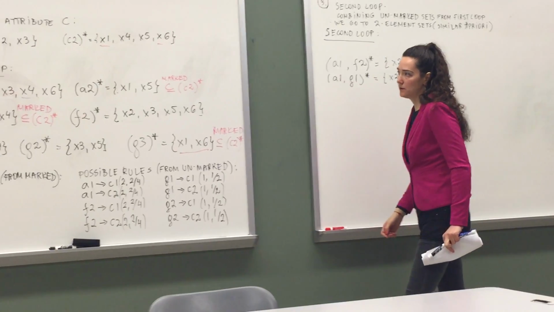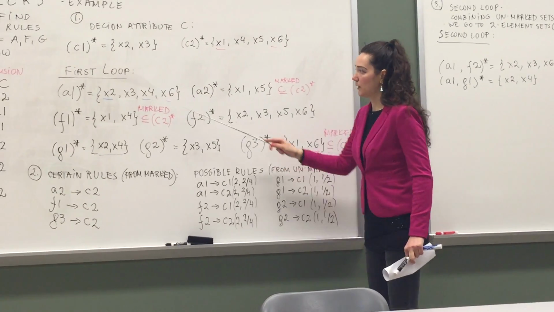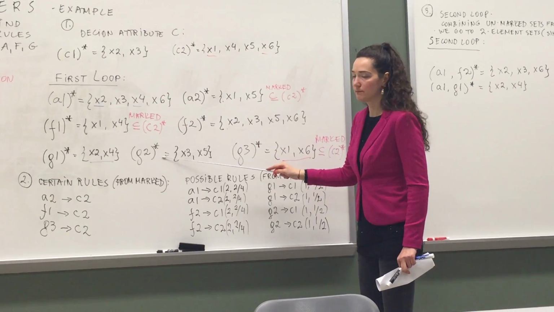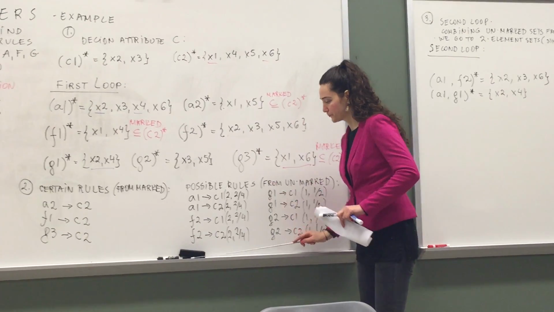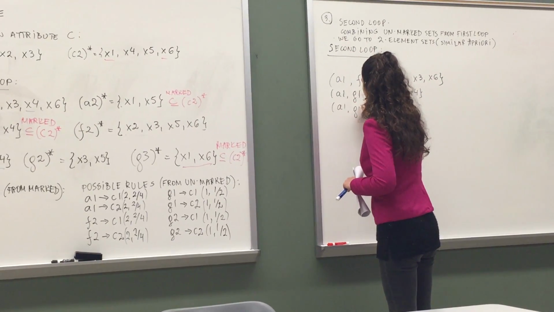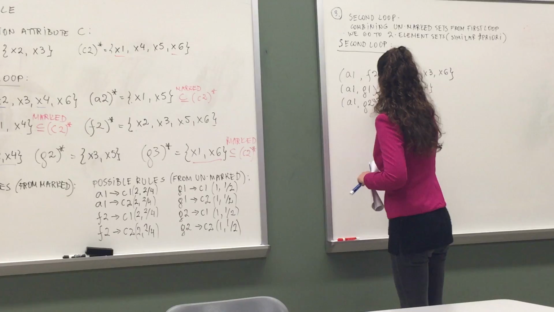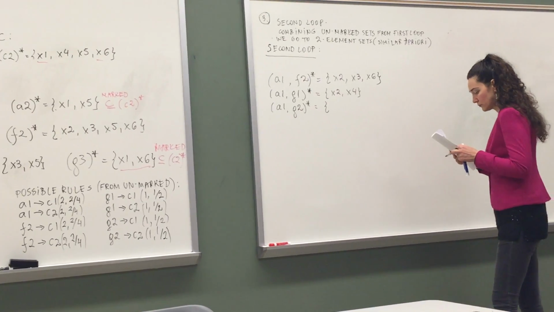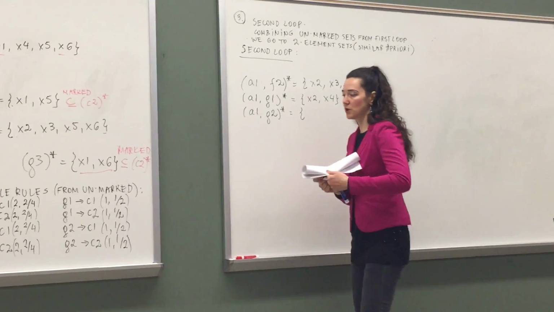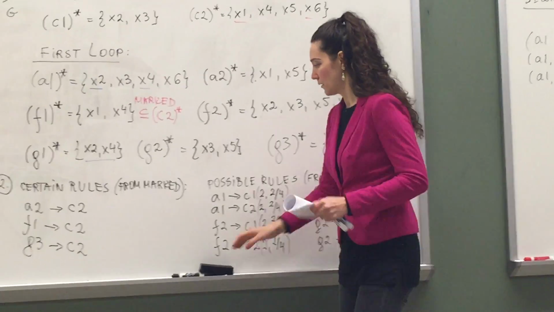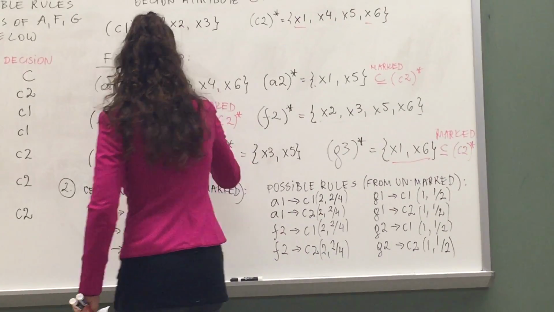Next is A1 and G2, right? Is there an intersection between these two sets? X3.